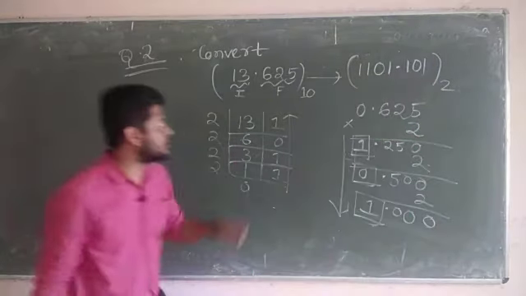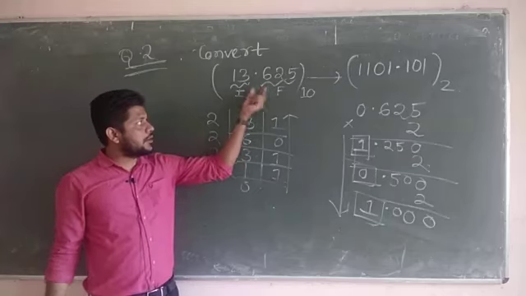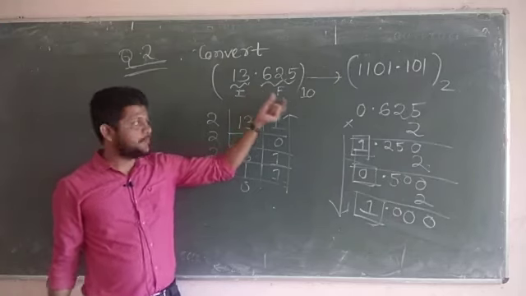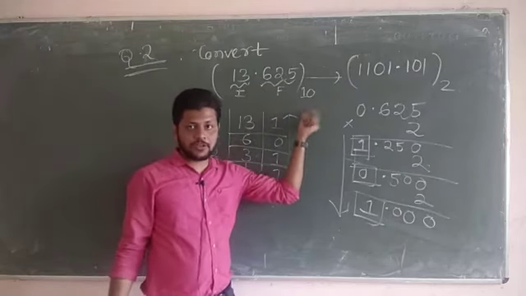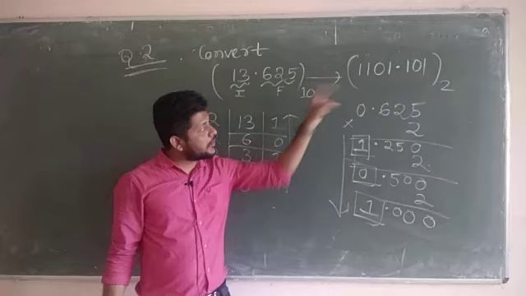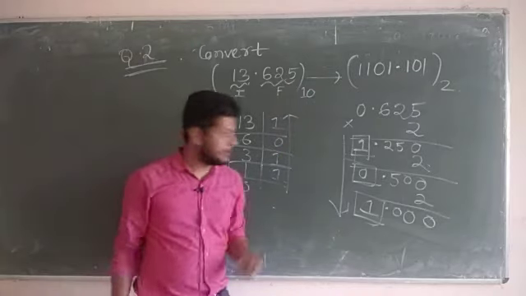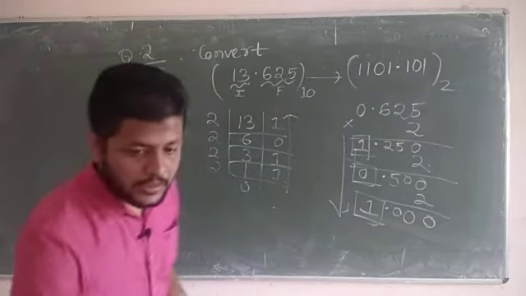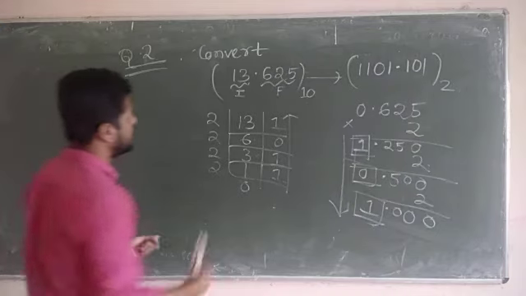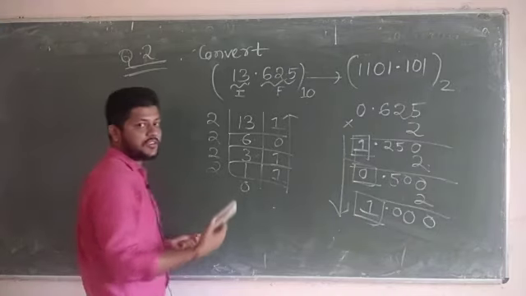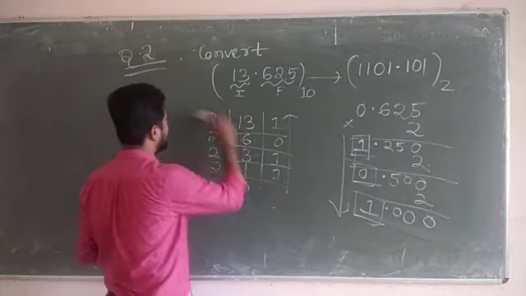So 0.625 is the fractional part in decimal, which is converted to 101 in binary. Let us see another example. Please note it down.